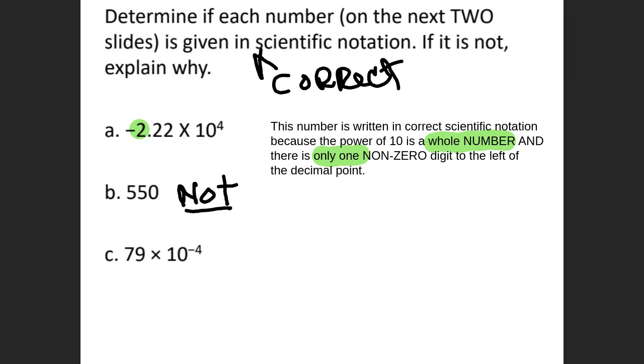Now, if I look at C, okay, I have a power of 10 that is a whole number. But do I have one digit to the left of the decimal? The answer is no. B is not written in scientific notation.